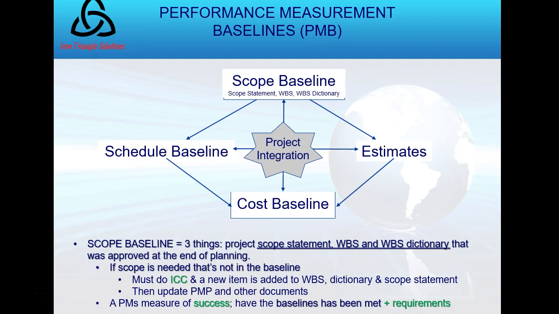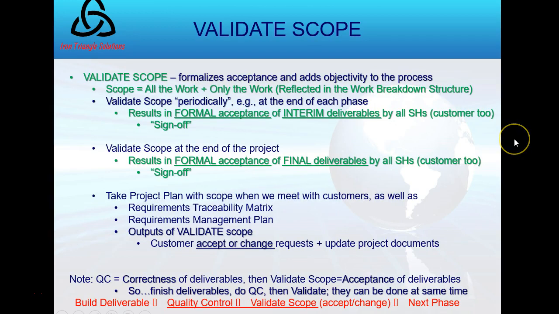One of three very important baselines that I am always working to integrate and manage the estimates that they are based off of. And our success as a project manager will largely be based on the ability to accomplish the baselines. In this case, the scope baseline is now set. Well, we do that by controlling.